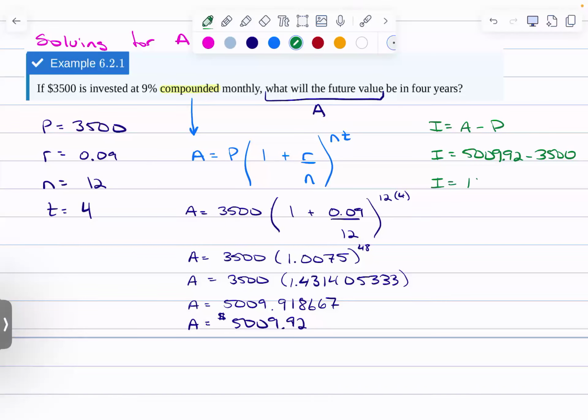The amount of interest that you made is 1,509.92. Very exciting if you've put it into a savings account, and kind of a downer if you borrowed 3,500 and now you have to repay 5,009.92. They work the same. But that's such a bummer.